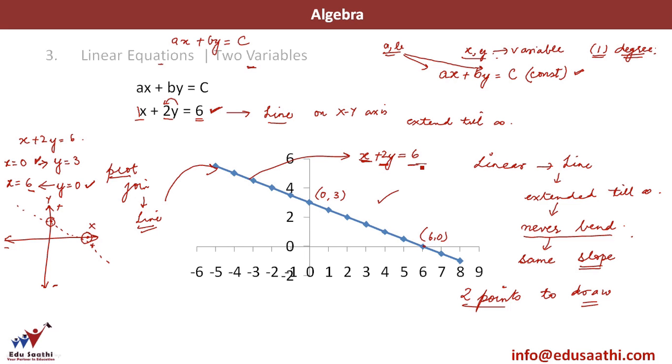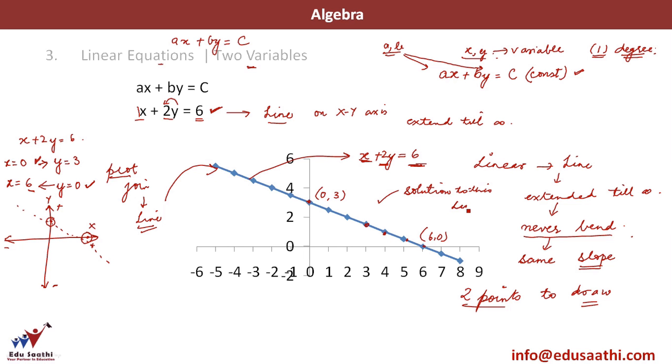2y equal to 6. Now if I look at every point on this line, this point, this point, this point, this point, every point on this line is satisfying this equation and therefore will be a solution to this line.